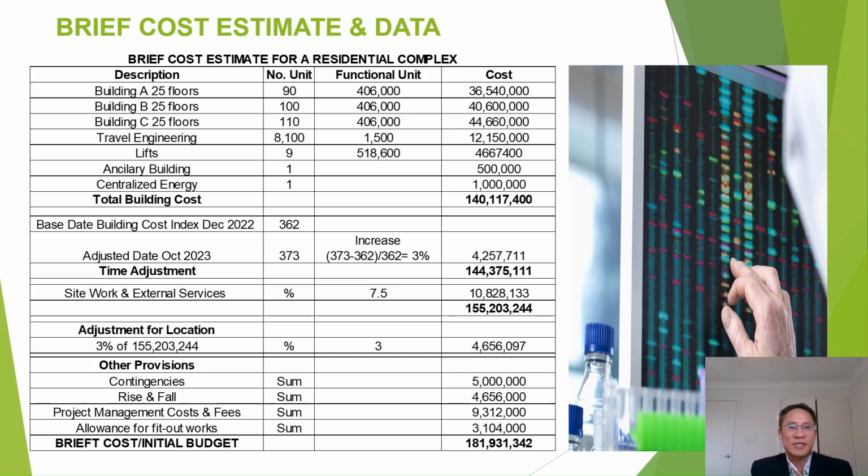For example, in this table, building A with 25 floors has 90 units, and the functional unit cost for each unit is 400,000. The total cost we can get by multiplying the number of units by the functional unit cost, a total of 36 million, and we do it so on and so forth.